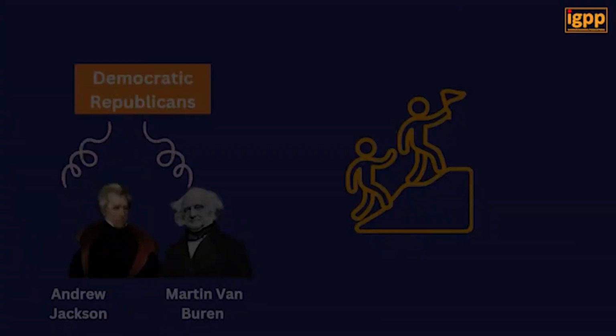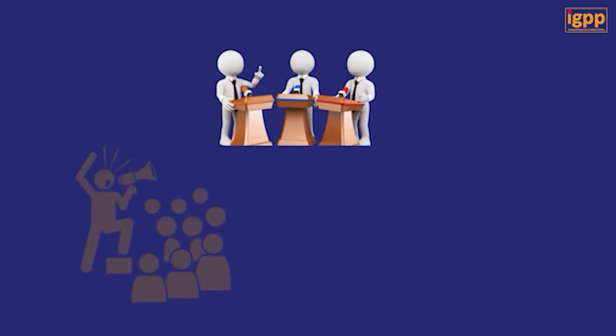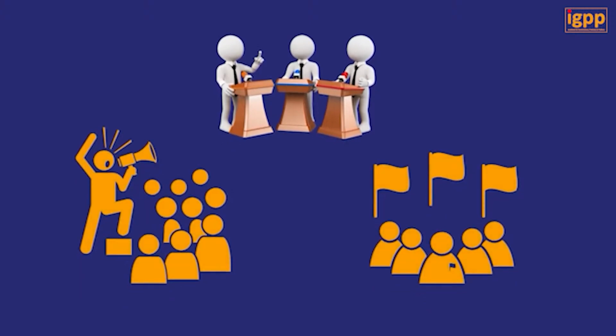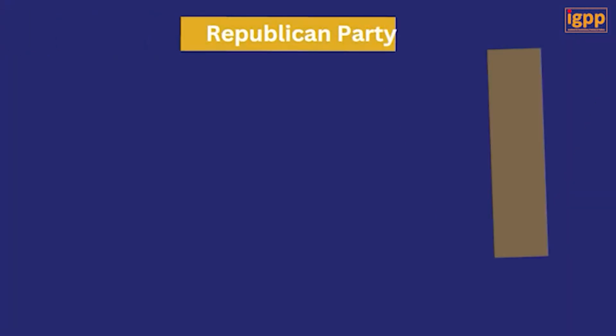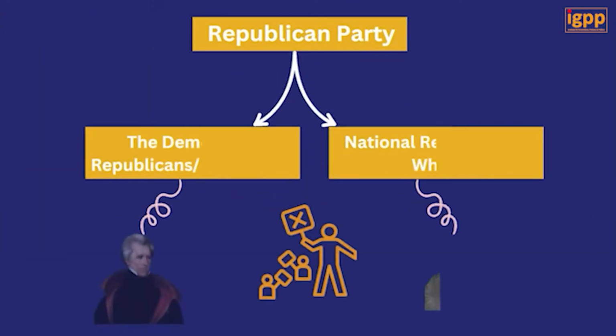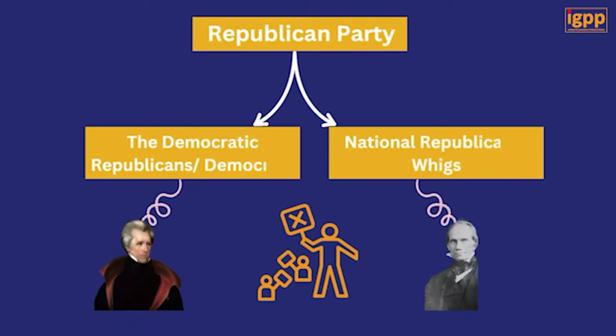In 1829, when Andrew Jackson finally took over the US presidency, the national politics polarized around Jackson and his opposition, and two parties grew out of the old Republican Party: the Democratic Republicans, or Democrats, adhering to Jackson, and the National Republicans, or Whigs, opposing him.